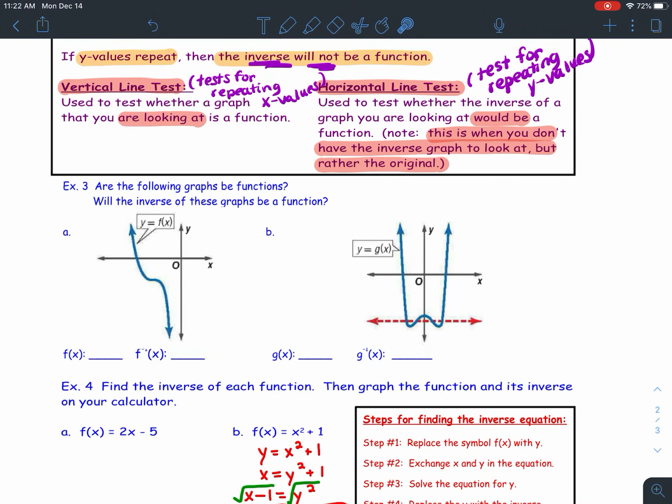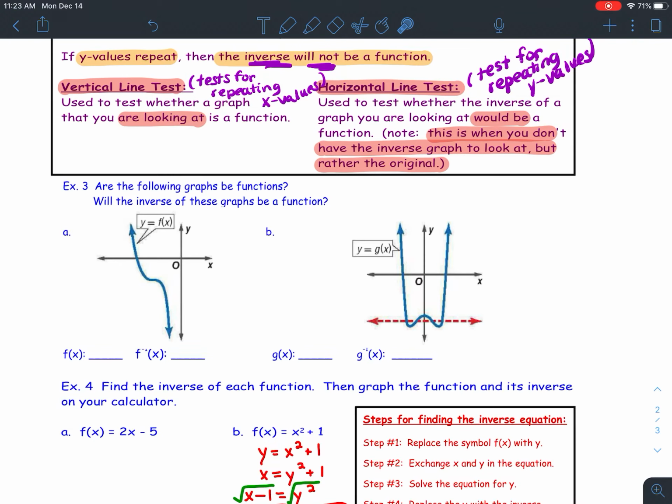You can see that we have a couple of graphs down here. Okay, I don't think this red dotted line is supposed to be here initially. Now, you're being asked two questions. You're being asked, are the following graphs functions? So these two blue graphs that you see here, if you're asked, is that graph a function? We're assuming these are the original graphs, not the inverses. You would apply the vertical line test.